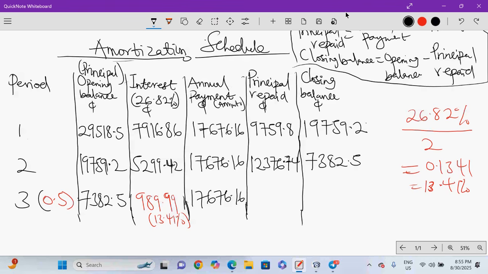If this one is not, then this one will also not be annual. It will be half. Is it half? Yes, because this one is for the entire year. So half of this amount will be how much?